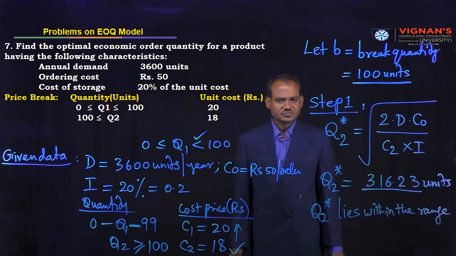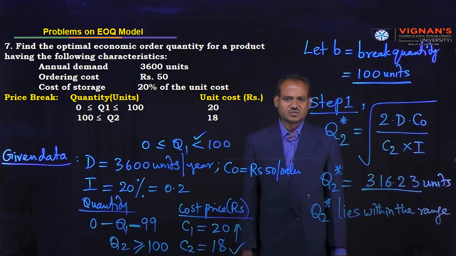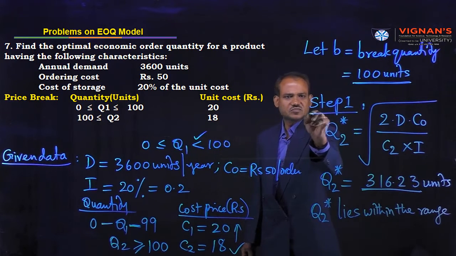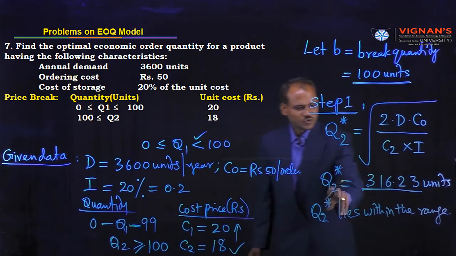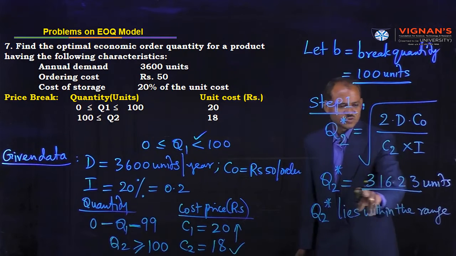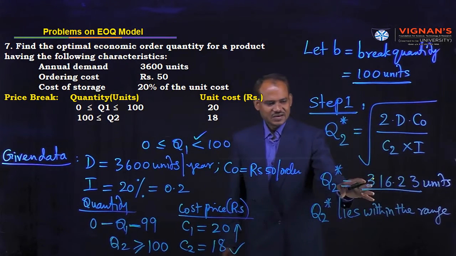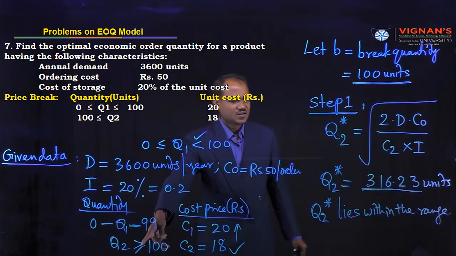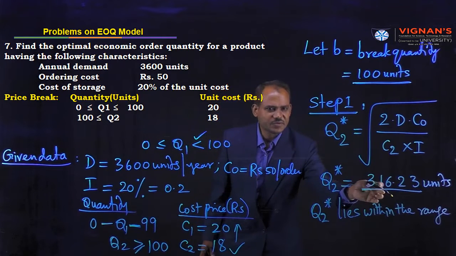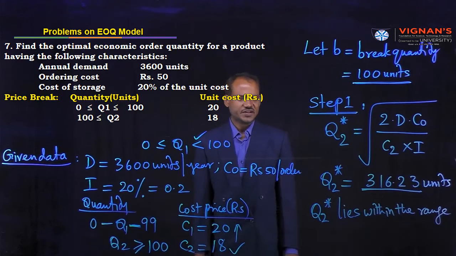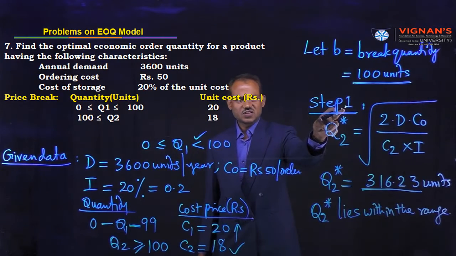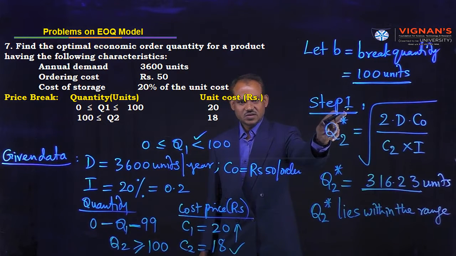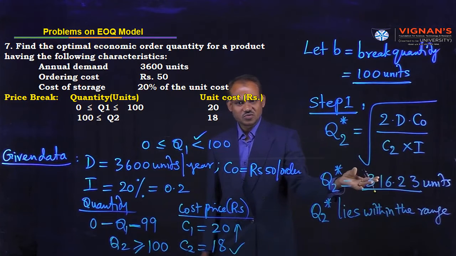Therefore, no need to go to step 2. What do you mean by step 2? Step 2 means, if Q2 star does not lie within the range, for example Q2 star may be 99, then go to the next step. In step 2, what are we going to do?